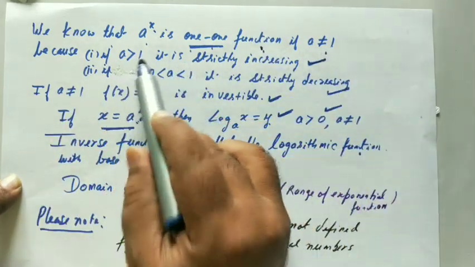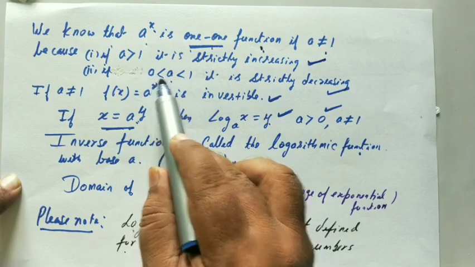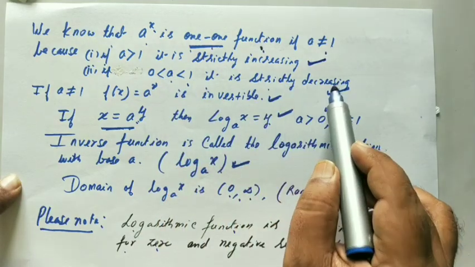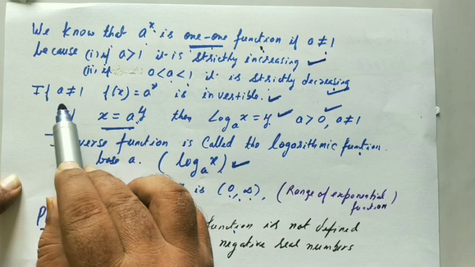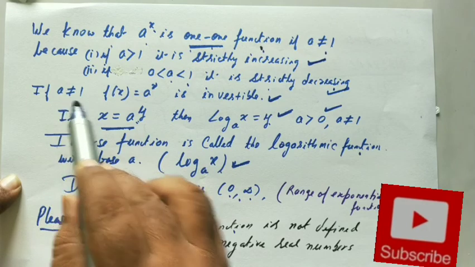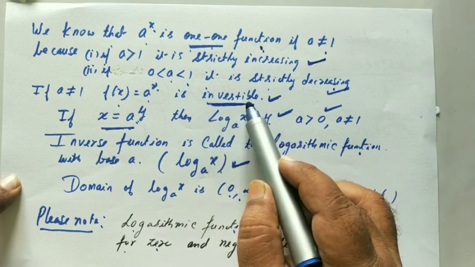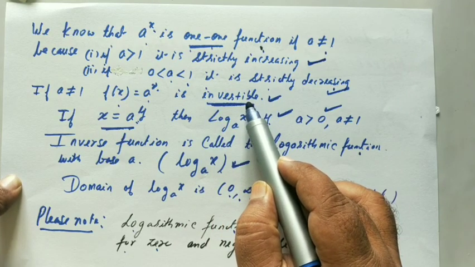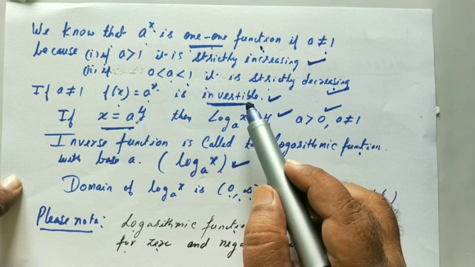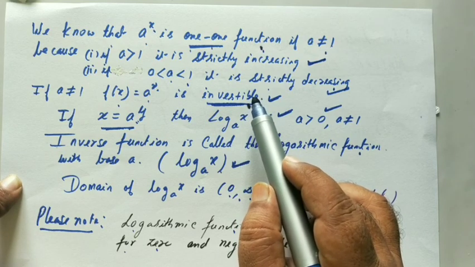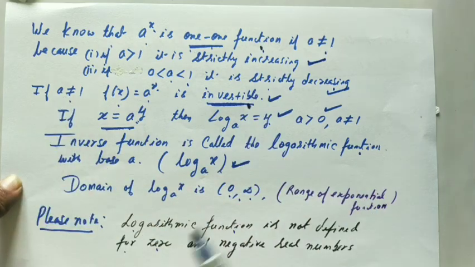A is greater than 0, less than 1, strictly decreasing function. And a should not be equal to 1. Then f(x), a to the power x, is invertible. Condition for invertible function is it has to be strictly increasing or strictly decreasing, that is strictly monotonic function. And that condition is achieved when a is not equal to 1. We have seen that with the graph also.